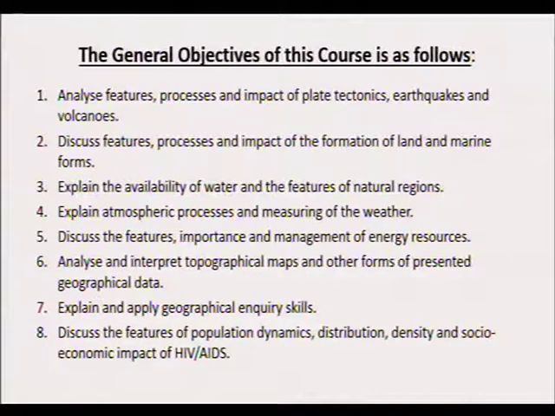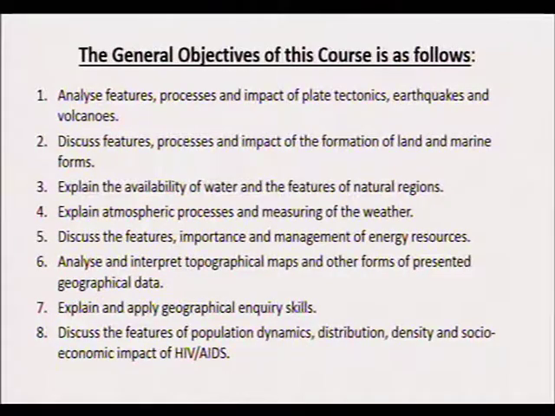Number 4, we go on to atmospheric processes and the measuring of weather. Objective number 5, students need to discuss the features, importance, and management of energy resources.